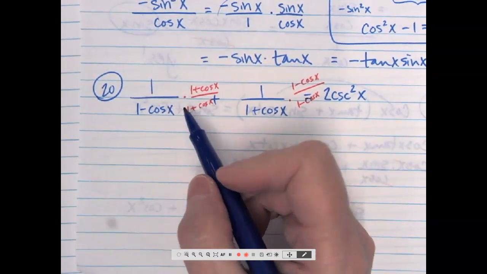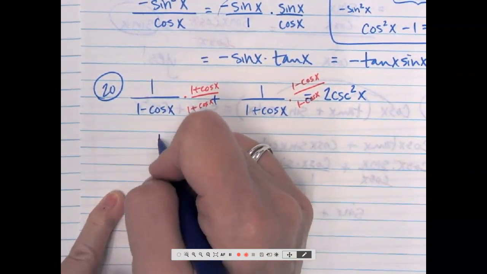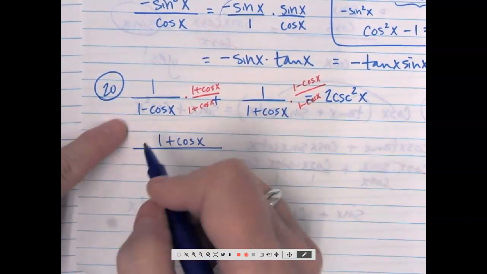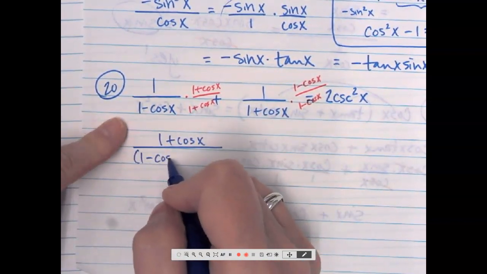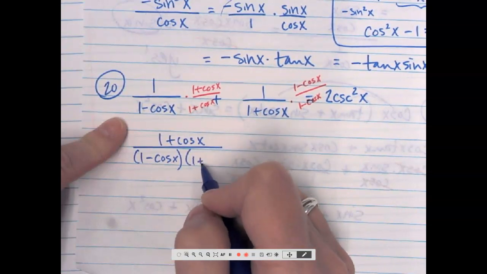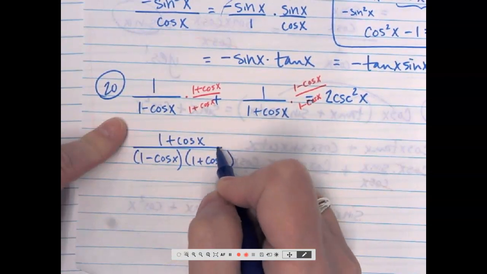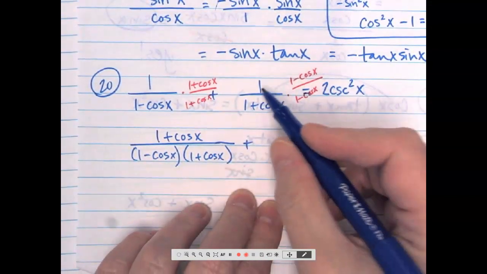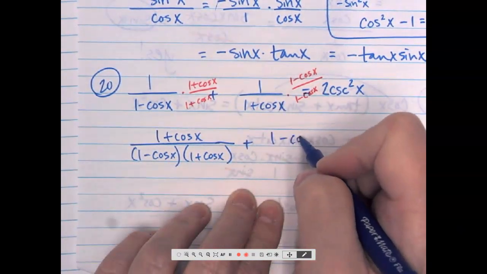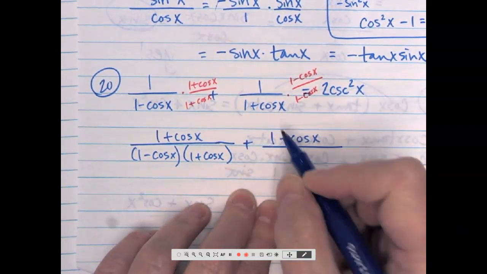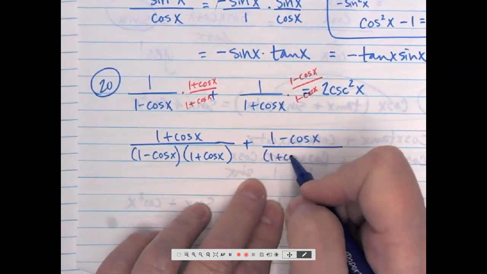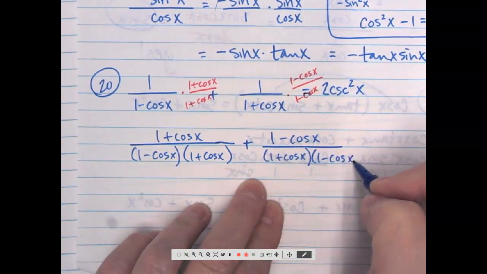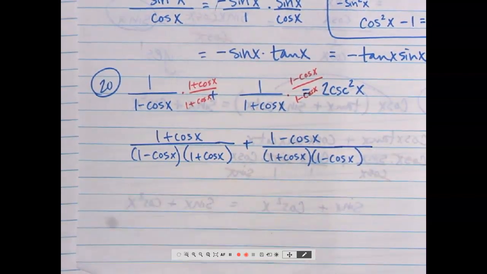Okay, so when I multiply this, 1 times that is 1 plus cosine x over 1 minus cosine times 1 plus cosine, plus 1 times 1 minus cosine is 1 minus cosine over 1 plus cosine, 1 minus cosine.